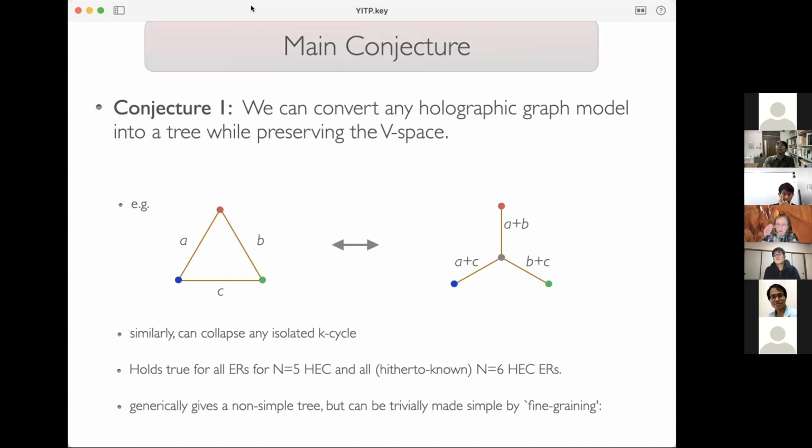So you can show that for a large set of such generic graphs, you can explicitly convert it. You can check that for all the known holographic extreme rays, you can always convert it to a tree graph. But not necessarily a simple tree graph yet.